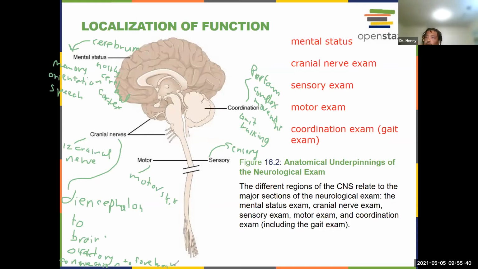We already talked about the spinal cord, and then all of the peripheral nerves that are connecting. And then for coordination, it's going to be the cerebellum.